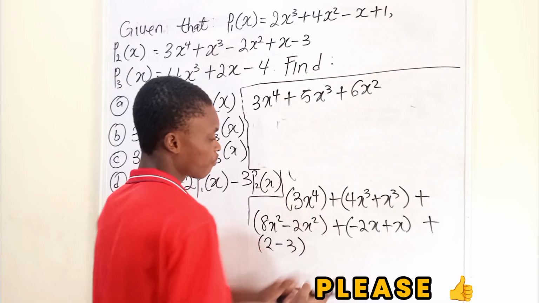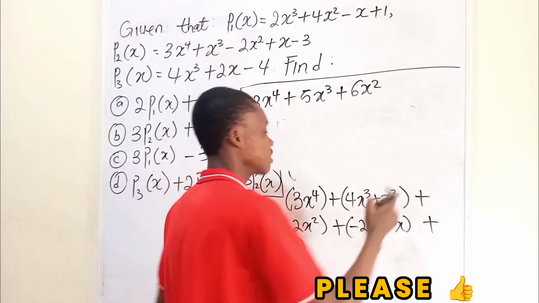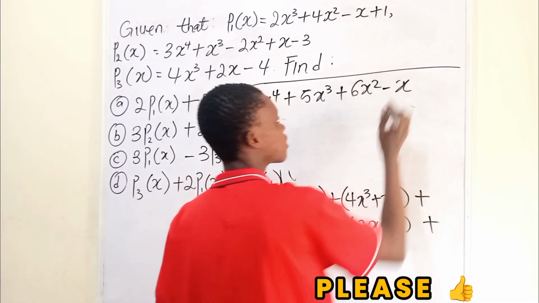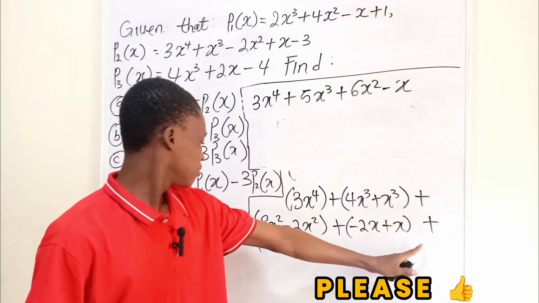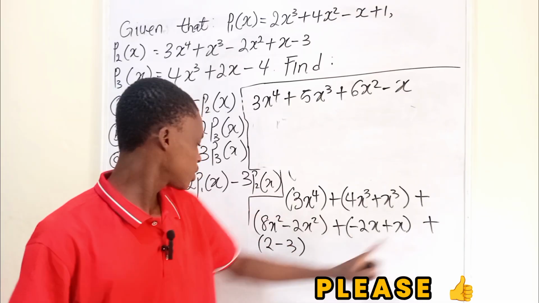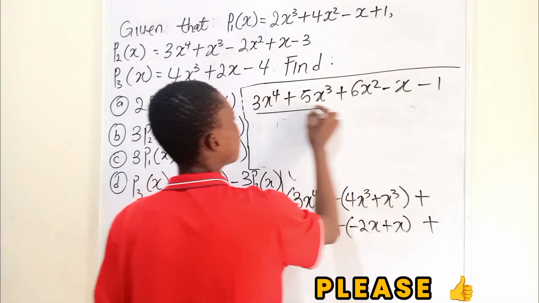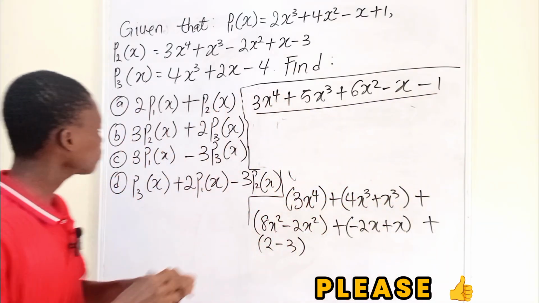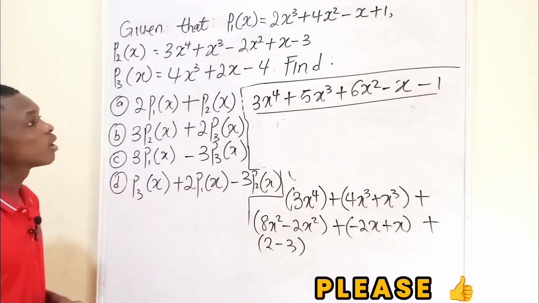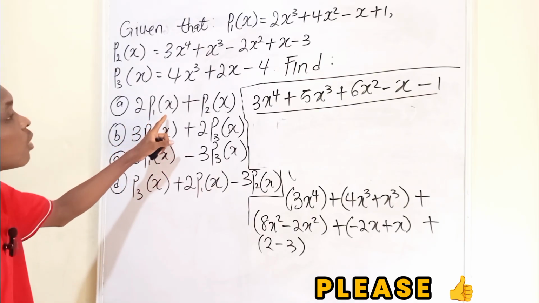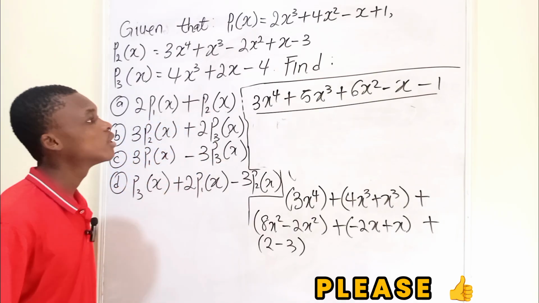Now from here, minus 2x plus x gives us minus x, plus 2 minus 3 gives us negative 1. And this is the value of option A, 2p1 of x plus p2 of x.